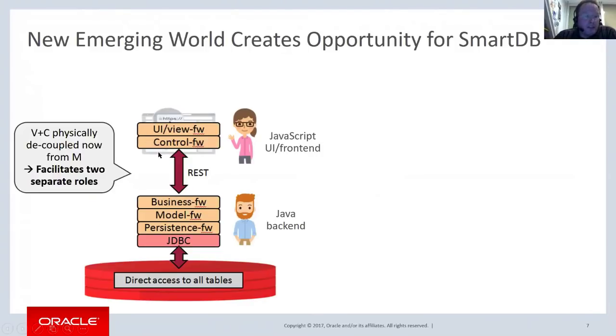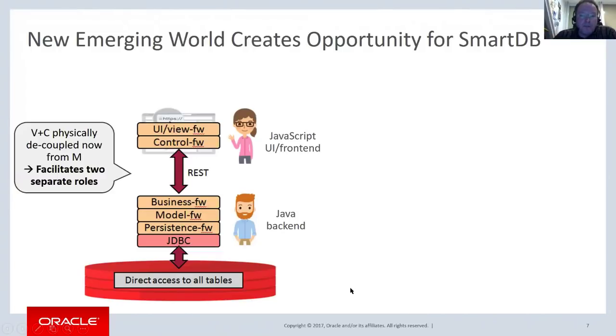The point being is that these are clearly now demarked, they are separated from each other via this REST protocol. Yeah, so from the user interface, you just call out to REST endpoints to deliver data that needs to be processed, or you call out to REST endpoints to get data that you want to do something with in your user interface.